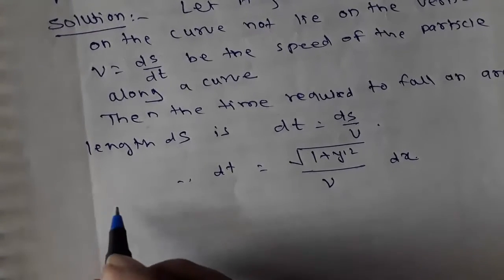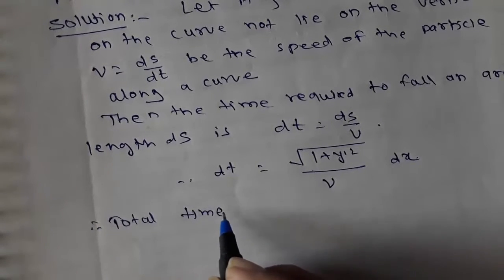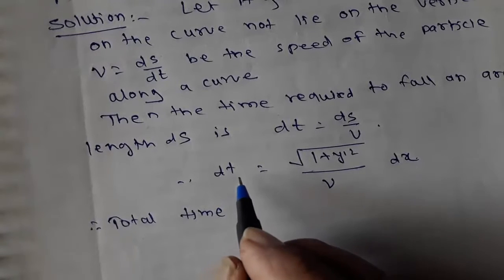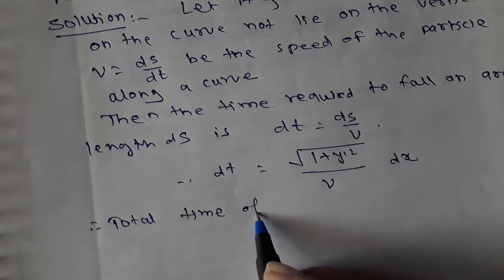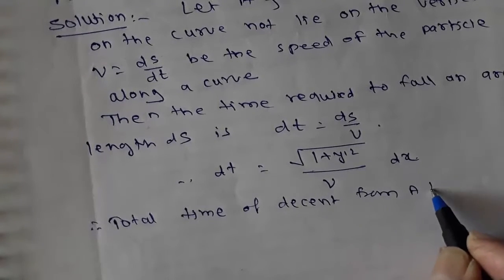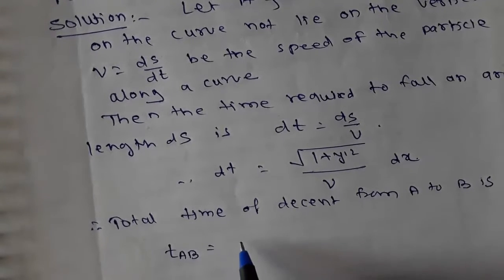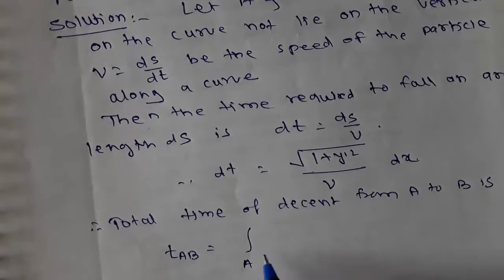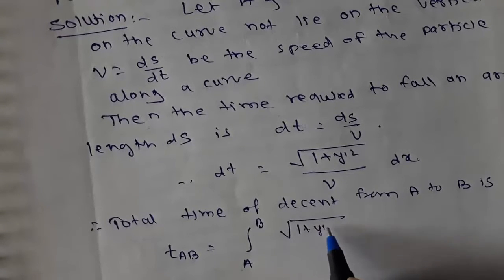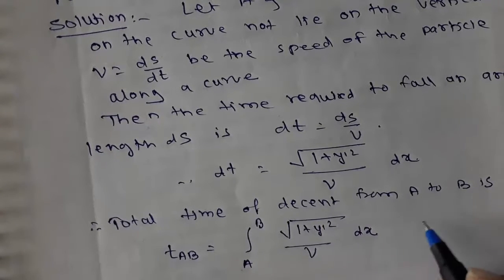Therefore, total time of descent from A to B, T_AB, equal to integration from A to B of root of 1 plus y dash square divided by v into dx.